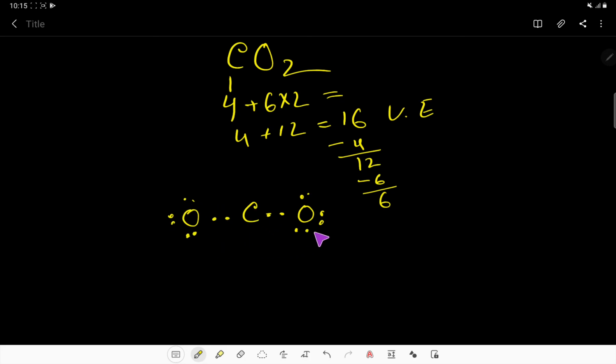So the octet of these 2 oxygens is already fulfilled. Now we have to satisfy the octet for this carbon. This carbon has 2, 4 valence electrons. We need more. So these valence electrons will come equally from both oxygens, right? So we are getting here like this.